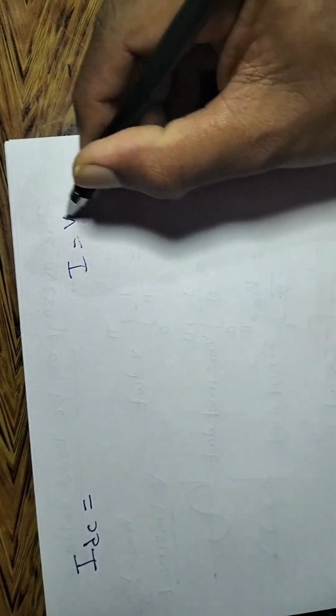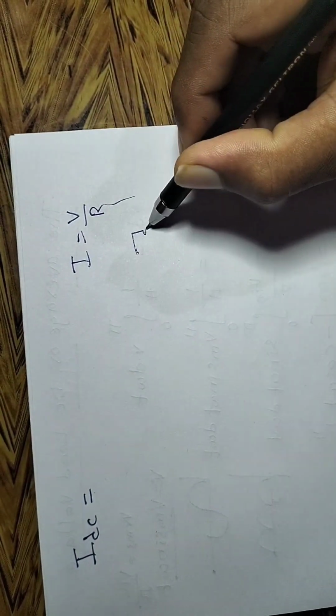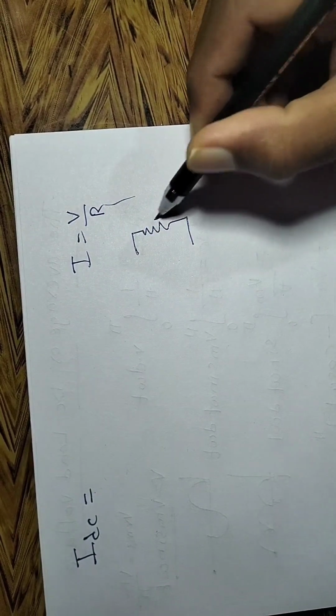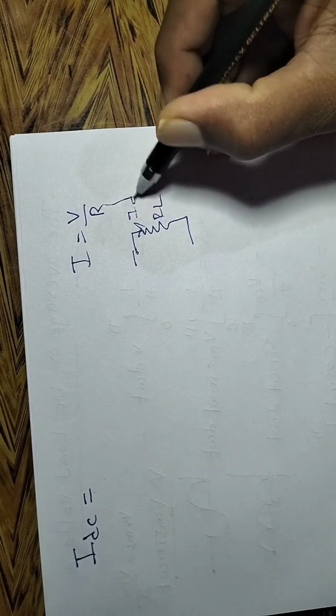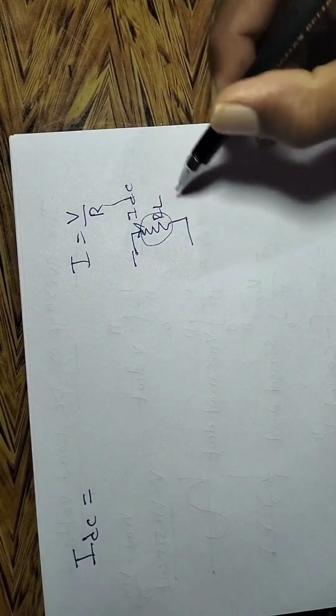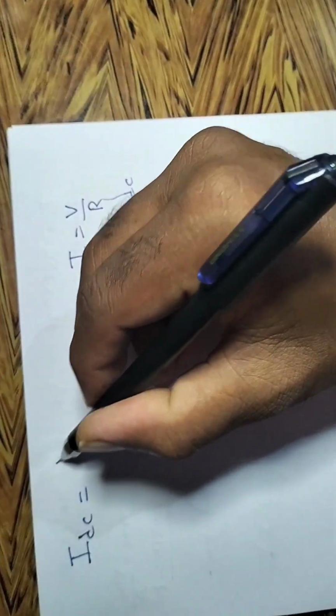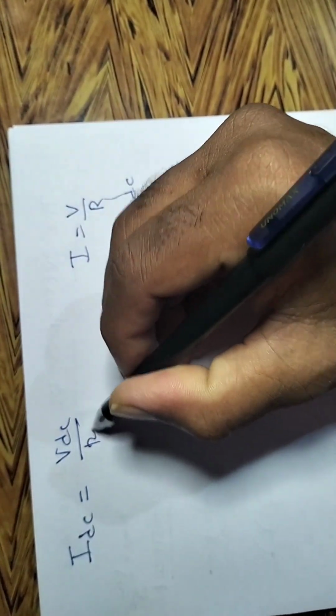Generally, IDC is equal to what? As you know very well, according to Ohm's law, I equals V by R. At the load resistance RL, the current is IDC and the drop across it is VDC. So according to that, IDC is equal to VDC by RL.